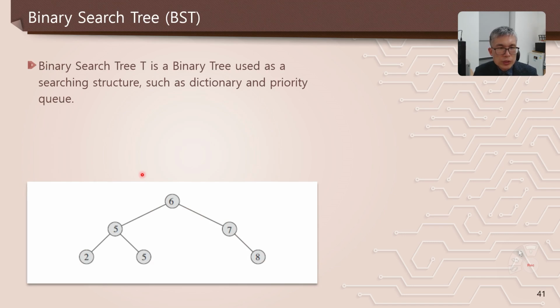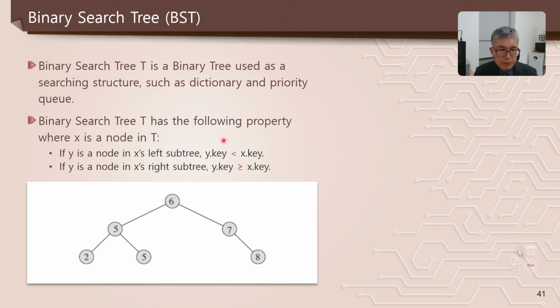So a binary search tree is a special tree, used as a searching structure such as a dictionary and the priority queue. A binary search tree T has the following property, where X is a node in T. In that case, Y is a node in X's left subtree.